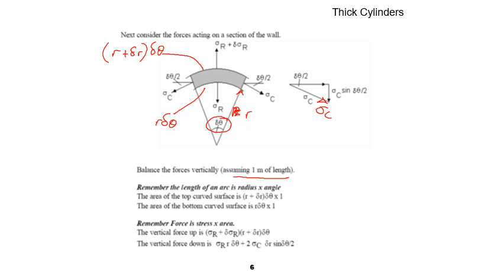Now, if we take equilibrium of forces in the vertical direction, so that we can solve the relationship for sigma r. So we have vertical force upwards is sigma r plus del sigma r times the area r plus del r del theta. Okay, so this is the area of the top surface.